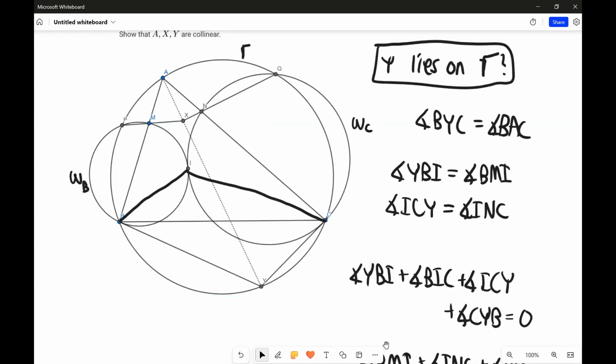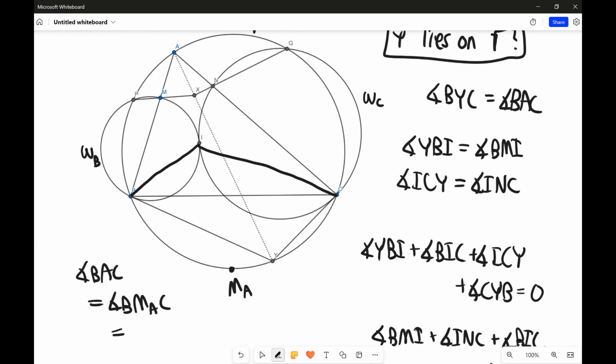Now we're going to employ a fact called the incenter-excenter lemma. Recall my video on that if you haven't seen it already, but pretty much what it states is that the circumcenter of triangle BIC lies on gamma, which means that it is the midpoint of the minor arc BC. In particular, this means that directed angle BAC is equal to directed angle BMAC, and this, in turn, by the inscribed angle theorem, is equal to 2 directed angle BIC.